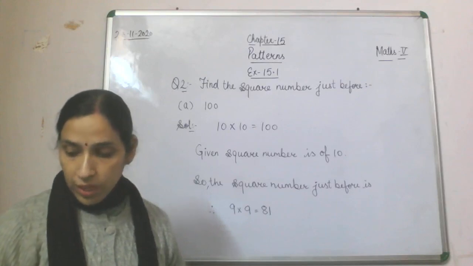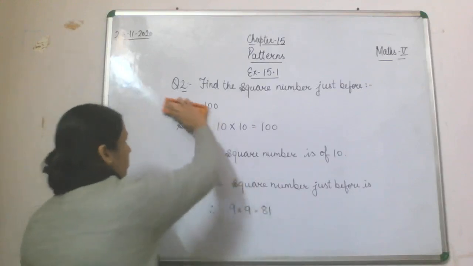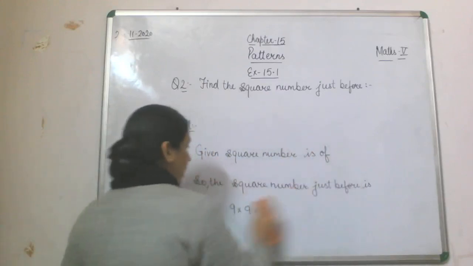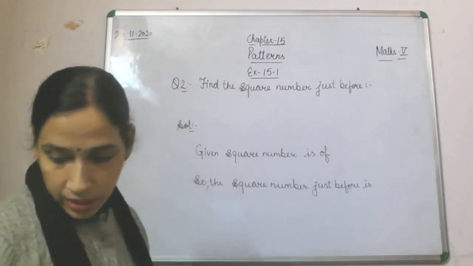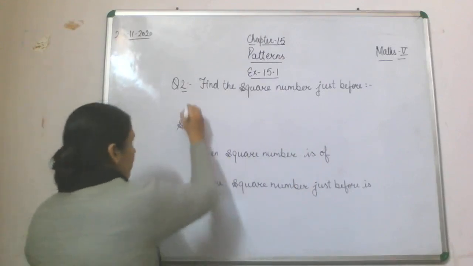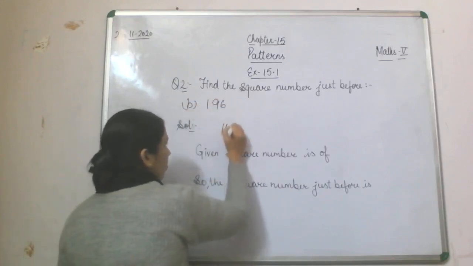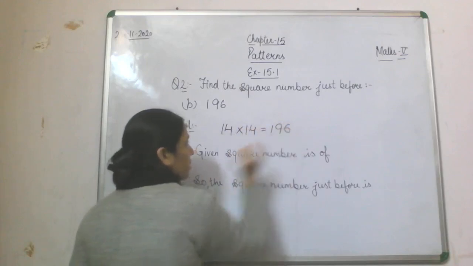Now we'll come to the next part of this question 2, that is of 196. Now 196 is the square number of 14. 14 multiplied by 14 will become 196.